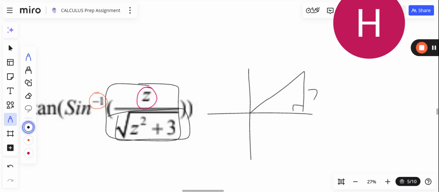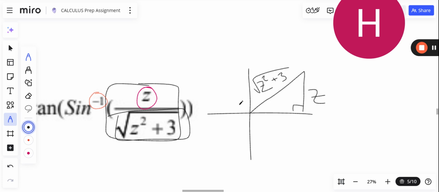So that means this is indicated as z, and this is square root of z squared plus 3. Kind of looks like a 7, so I'm going to fix that. Z squared plus 3. Now it just looks like a weird slug or like Jabba the Hutt or something.